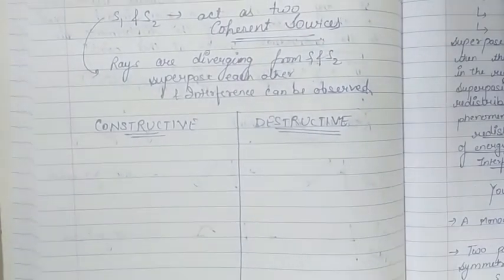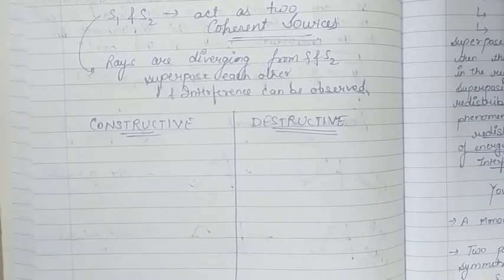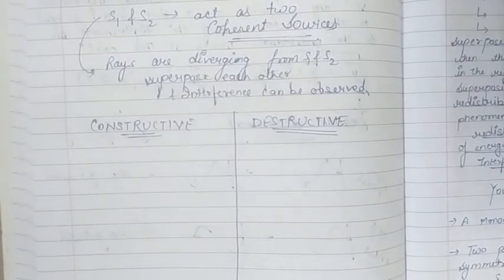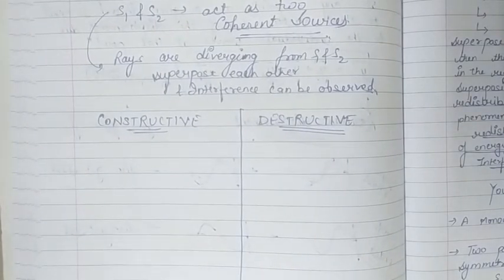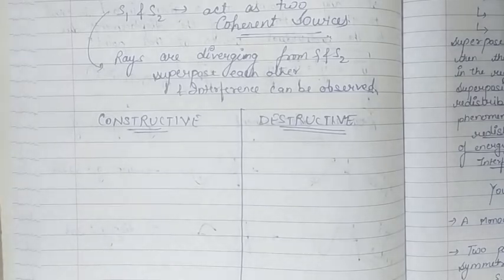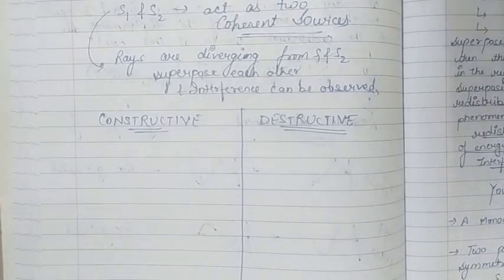So first we are talking about the condition for constructive interference. To find the condition, first we have to find the expression of intensity. Only then can we find what will be the maximum value of it and at what points we will get its maximum value.